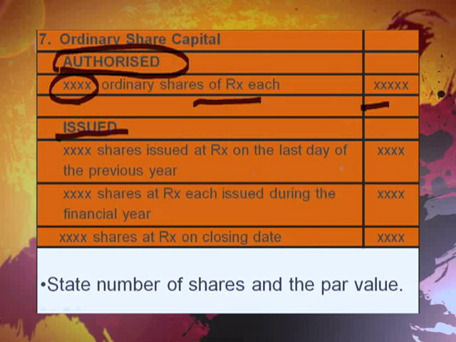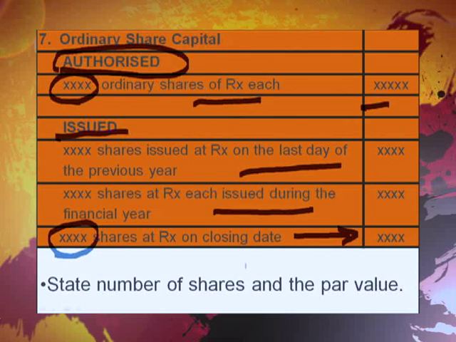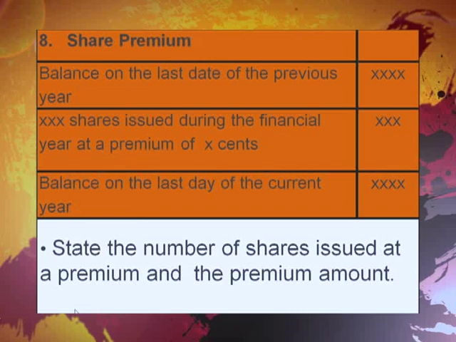It's your number of shares at the beginning of the year or the last day of the previous year, any new shares that you may have issued this year, to give you the number of shares on the closing date and the value of those shares. You always have to state the number of shares and the par value. So you're saying that's the number of shares, that's the par value of the shares, and that's the rand value of the shares.